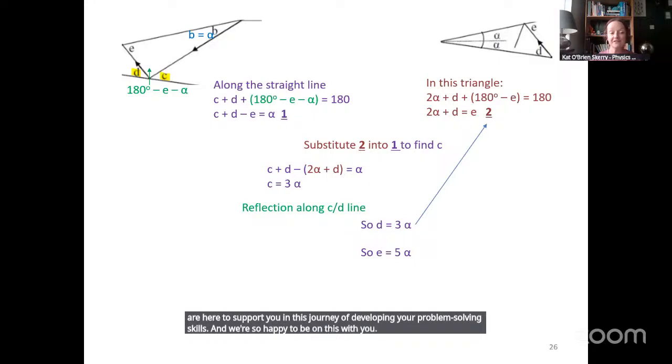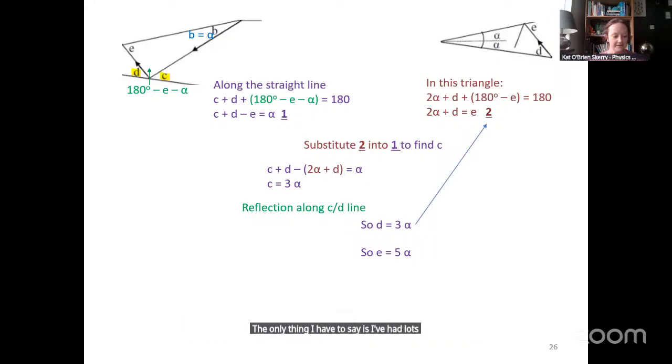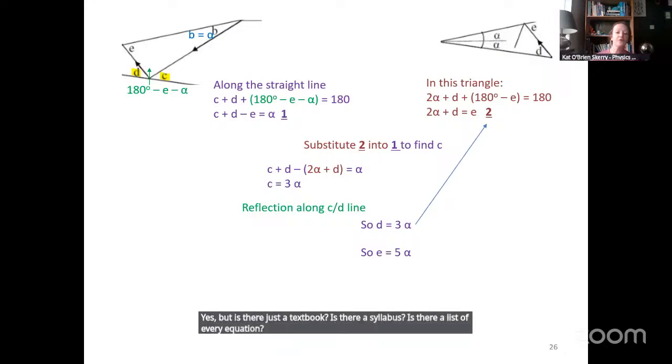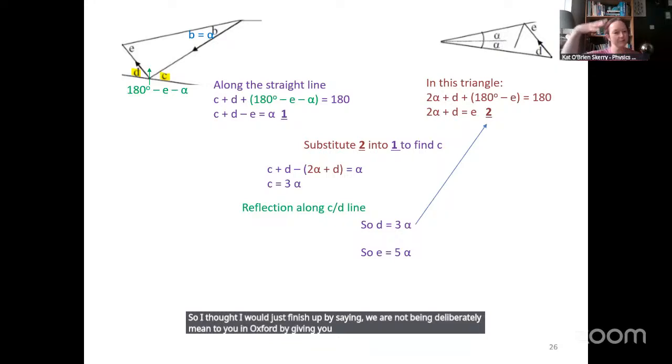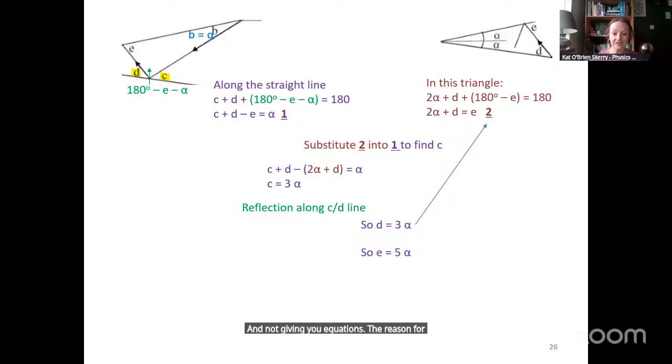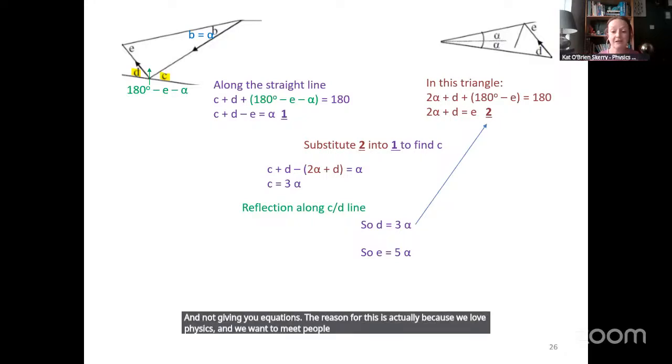The only thing I have to say is I've had lots of questions today about, yes, but is there just a textbook? Is there a syllabus? Is there a list of every equation? So I thought I would just finish up by saying we are not being deliberately mean to you in Oxford by giving you this quite simple syllabus and not giving you equations. The reason for this is actually because we love physics and we want to meet people who also love physics.